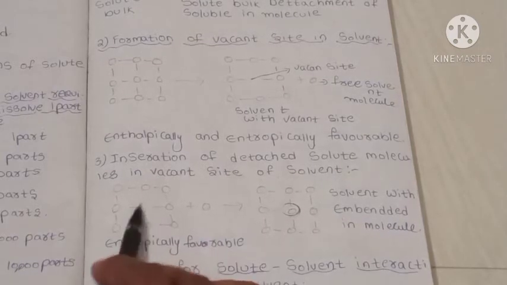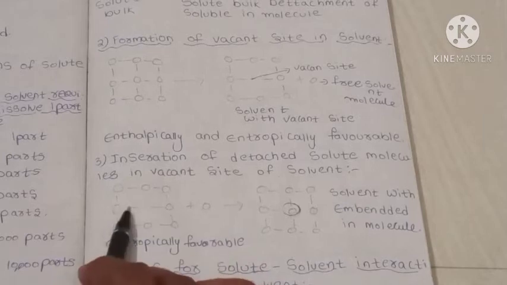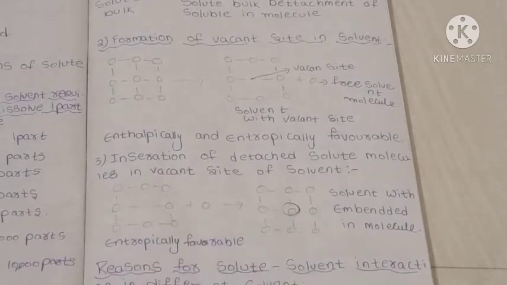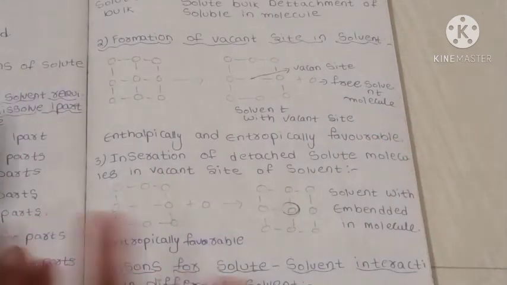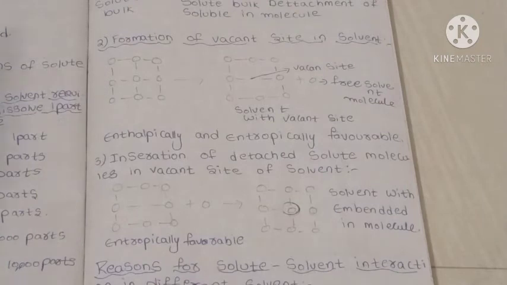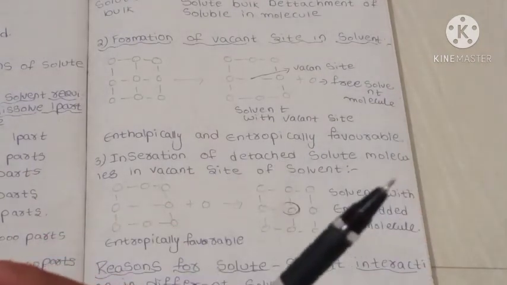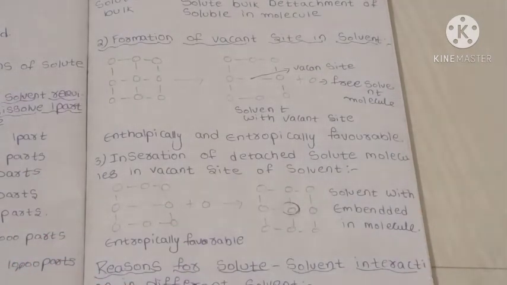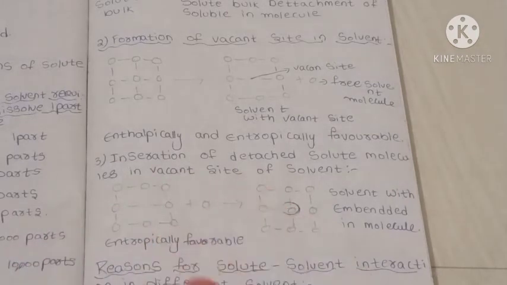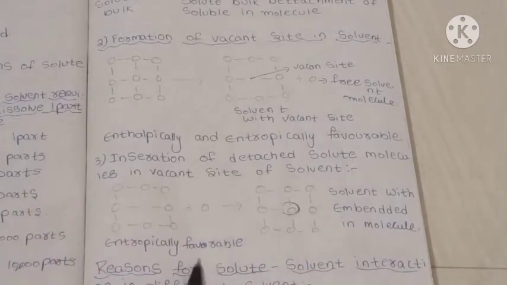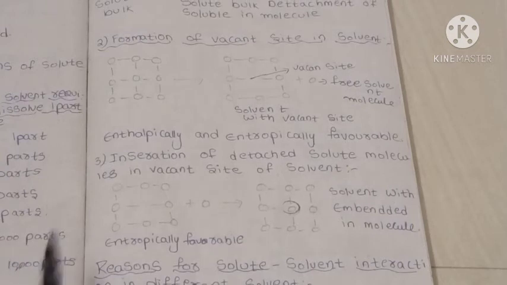Since we have a small space here, the solute gets dissolved in it and forms a solution. This is the overall procedure, and here you can see the microscopic structure. Easily we can understand: in the first step we separate a solute molecule, in the second step a small particle of solvent is removed from the solvent structure, and the solute gets attached to the solvent and forms a solution. This is the overall solute-solvent interaction.